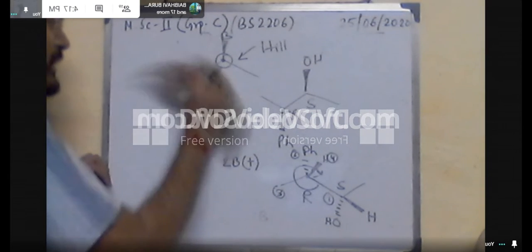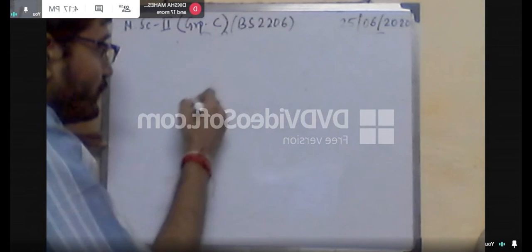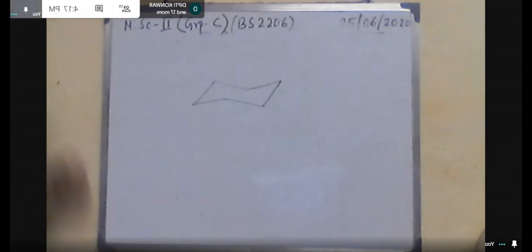So in simple cyclohexanone reduction, the C=O, in this case if you add sodium borohydride or lithium aluminum hydride, the hydride can attack from the bottom face or from the top face, because both the faces are isotropic.